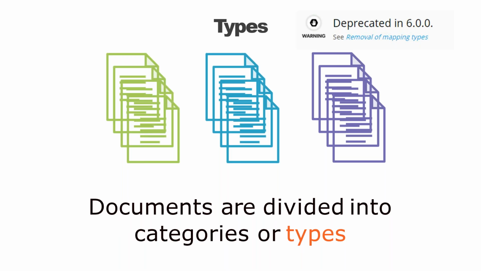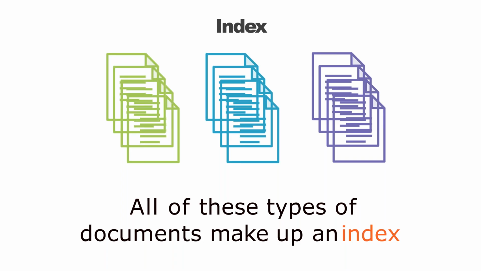By the way, multiple types are deprecated in Elasticsearch; from version 7 you will have only one type, which I'll show you while doing the demo. Index: all of these types of document make up an index. Simple. Just a second, guys.